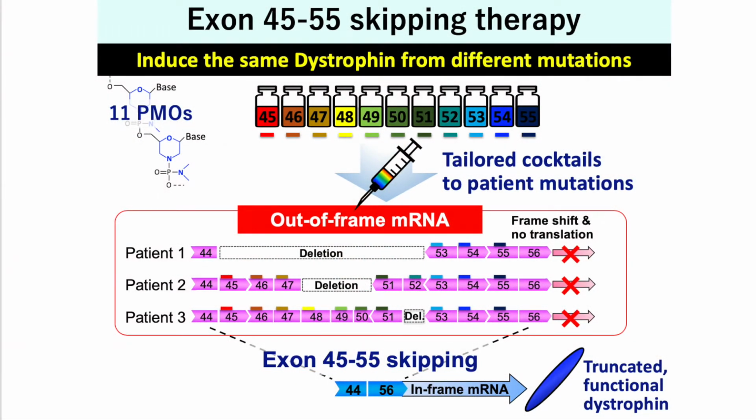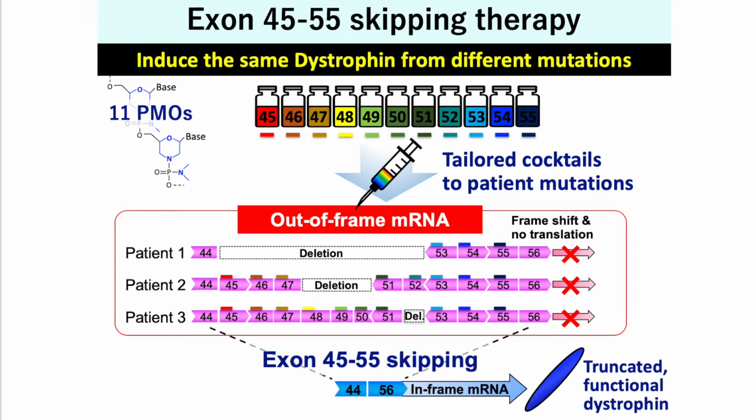Okay, so we recently developed a cocktail antisense oligo strategy. So we use a cocktail of antisense oligos targeting each exon, and we tested in several patient cell lines. So some patients have, for example, exon 45 to 52 deletions. So in that case, we can use a cocktail targeting exon 53, 54, and 55.